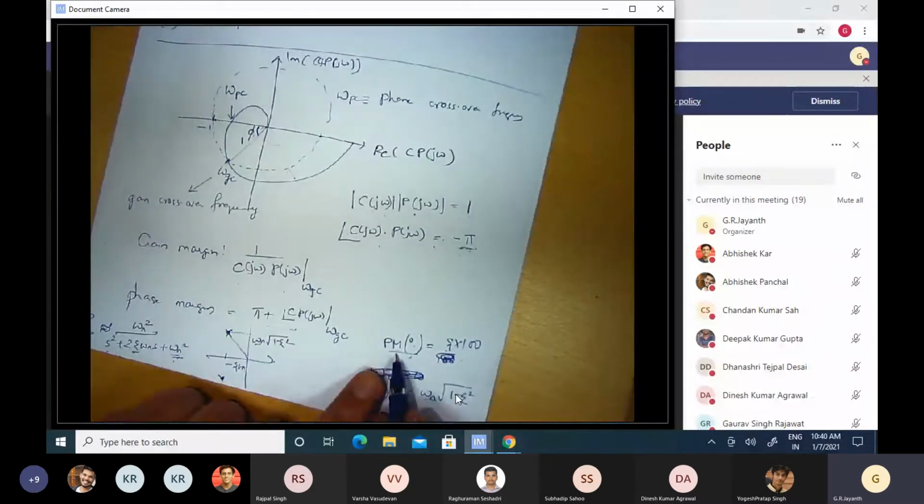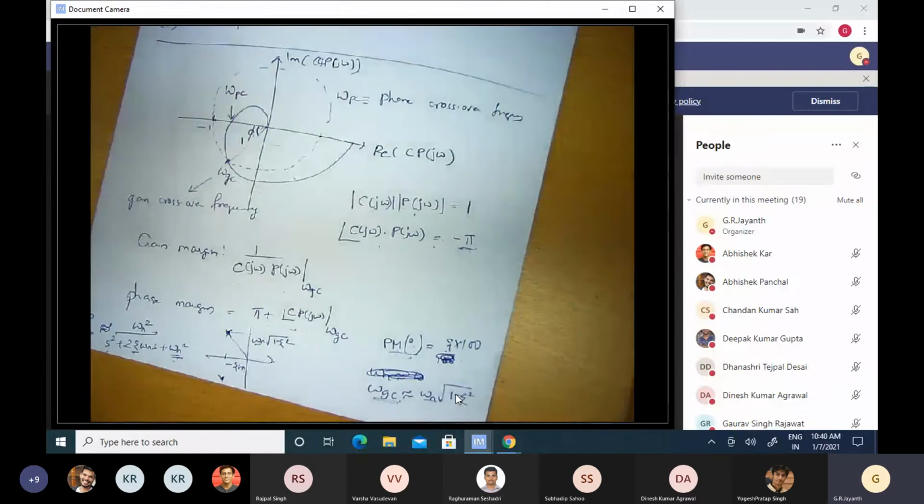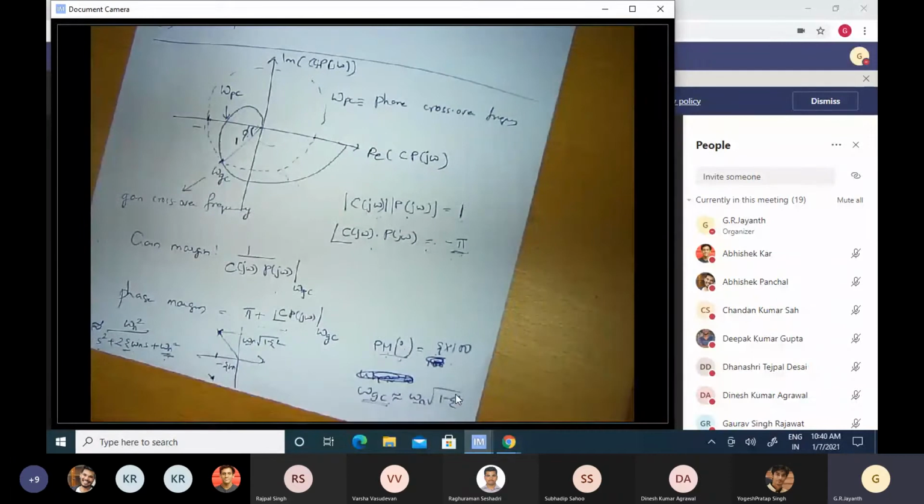So therefore, the phase margin is an important metric that quantifies how far away I am from instability. If the poles are on the imaginary axis, I am on the threshold of instability. If I go a little bit further, my poles will be in the right half of the complex plane and my system would be unstable. So this is a very important metric, a design criterion.